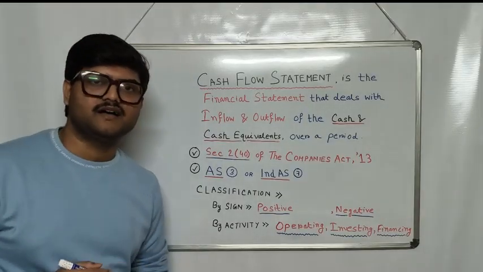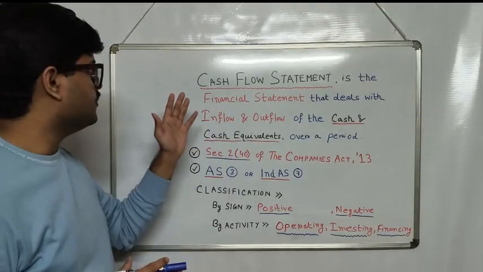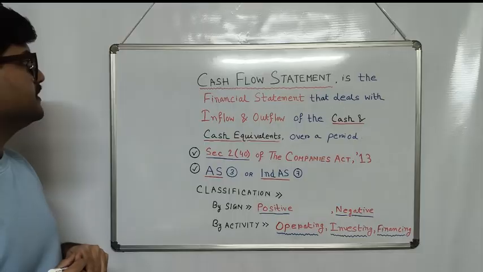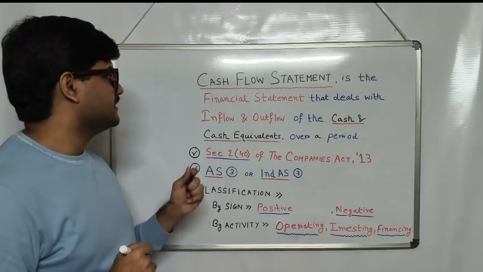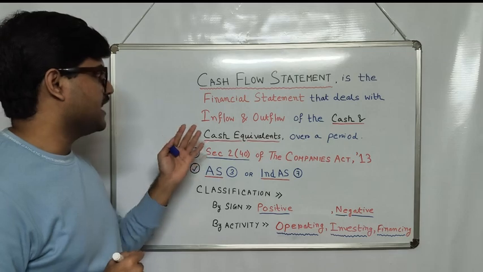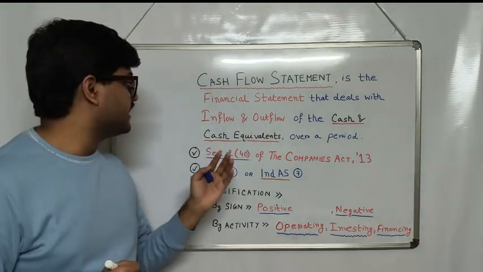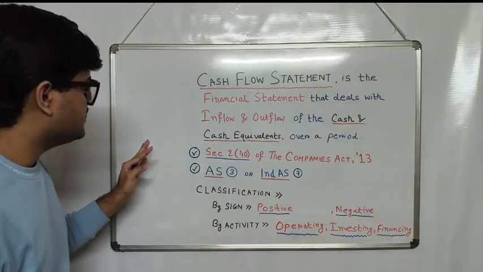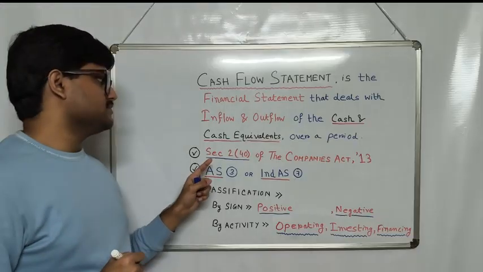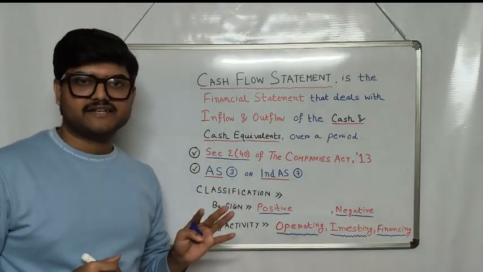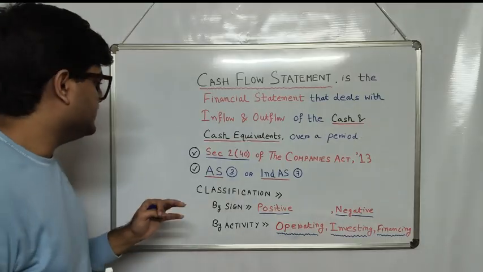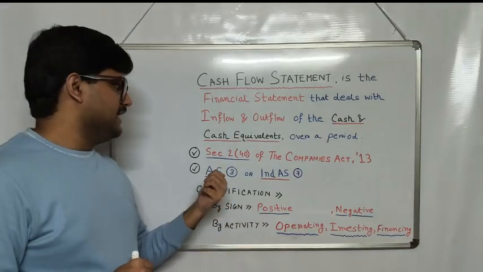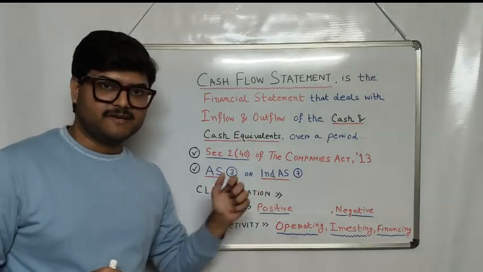After understanding the cash flows, now we will look at the cash flow statement. Cash flow statement is the financial statement that deals with inflows and outflows of cash and cash equivalents over a period. It is defined in section 2 subsection 40 of the Companies Act 2013 and is governed by Accounting Standard 3 or Indian Accounting Standard 7.